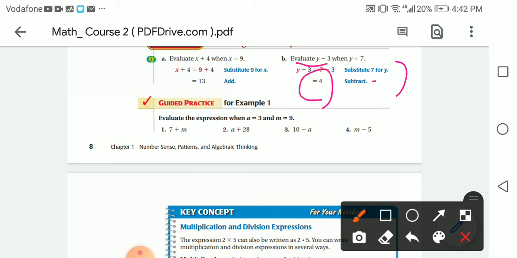Easy one, right? Okay. I have this for your practice. You can practice this. Instead of m, substitute m. Evaluate the expression when a equals 3 and m equals 9. So it's very easy. 7 plus m means 7 plus what, dear students? I can hear you. Right, 7 plus 9. Easy one.